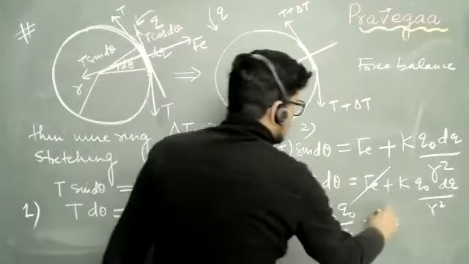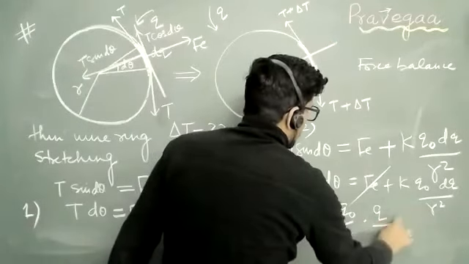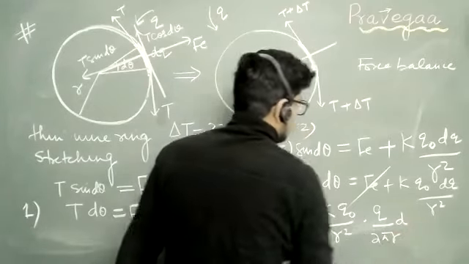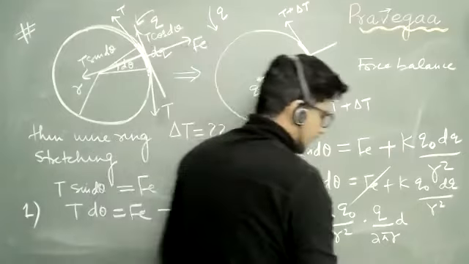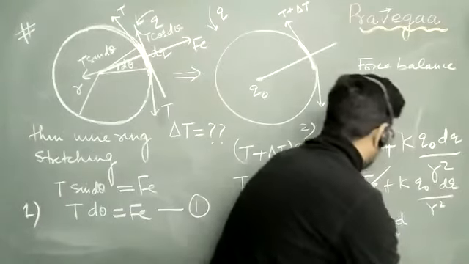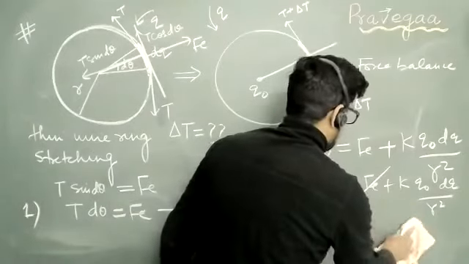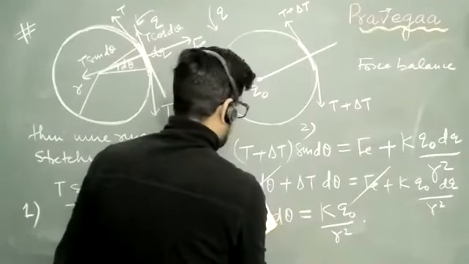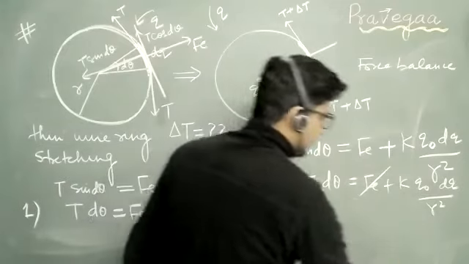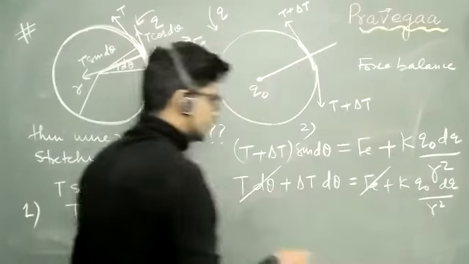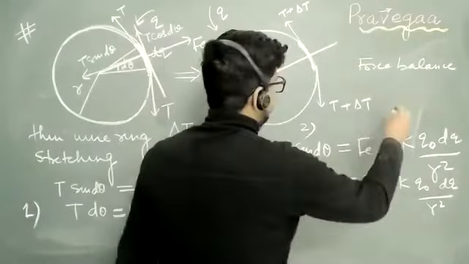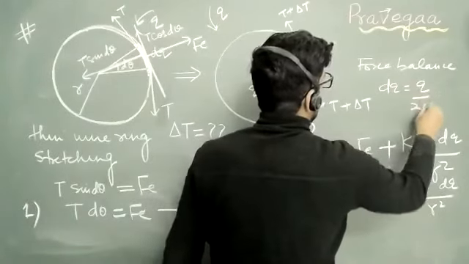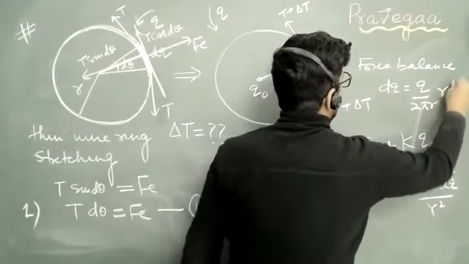So total charge is Q by 2 pi r and into this angle. So just 1 second. Let it be. First of all, let me write what will be the dq, and then I will write this line. Tell me what it will be, the dq. So dq will be Q by 2 pi r into r d theta.